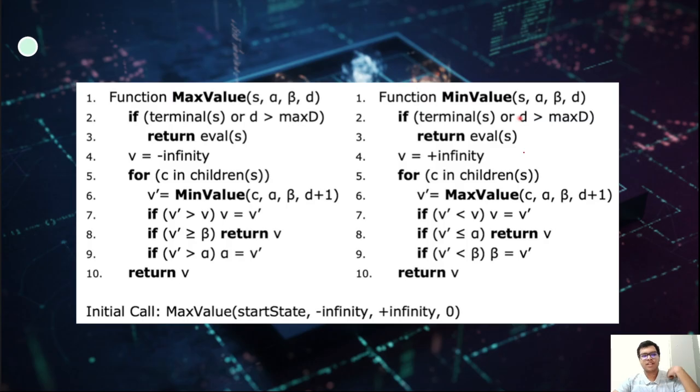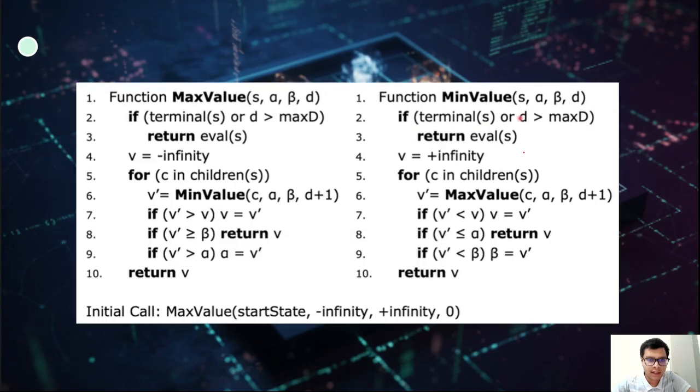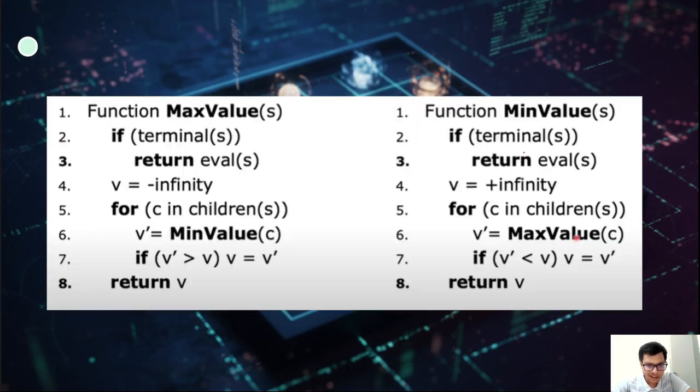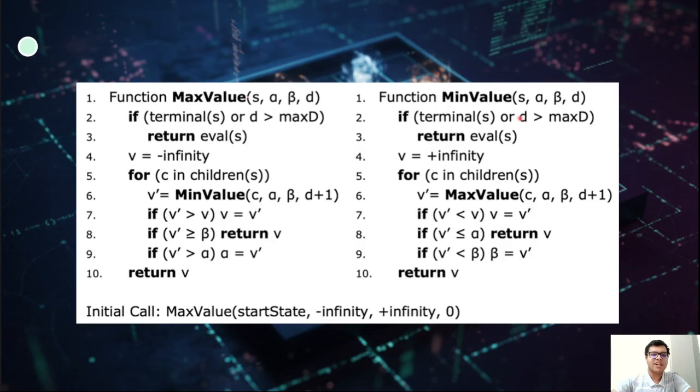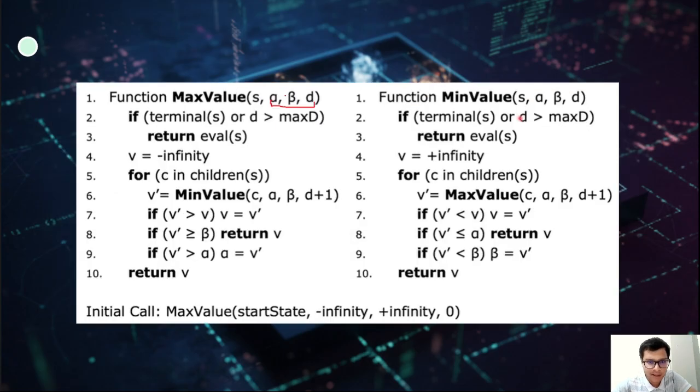Okay, the pseudocode is not very different from the max value and the min value functions, which we have already understood very nicely. To reflect the differences, I would run these in parallel. Can you spot out the differences? Okay. So the differences are these three arguments are added to the traditional max value function.